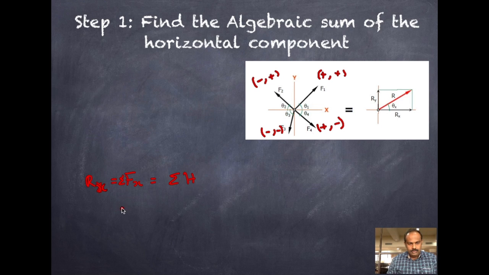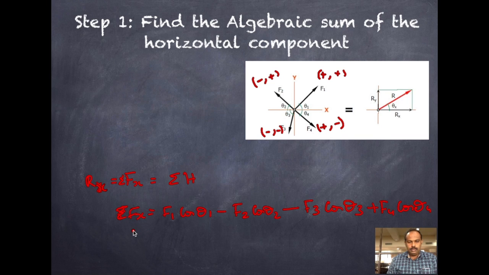So we can take sigma Fx is equal to F1 cos theta 1, minus F2 cos theta 2, minus again F3 cos theta 3, and here when you come, x is positive, which is our horizontal is positive, plus F4 cos theta 4. So this is your sigma Fx.